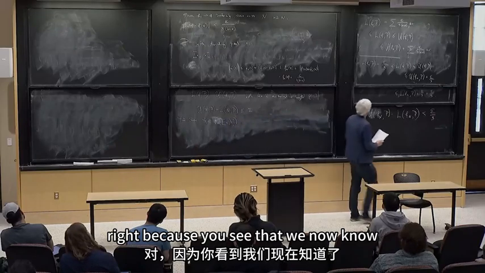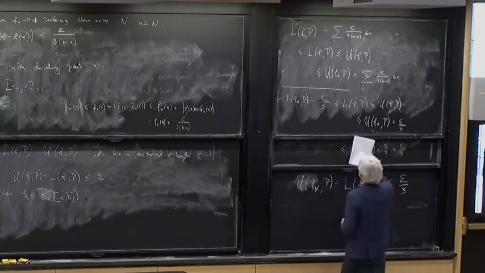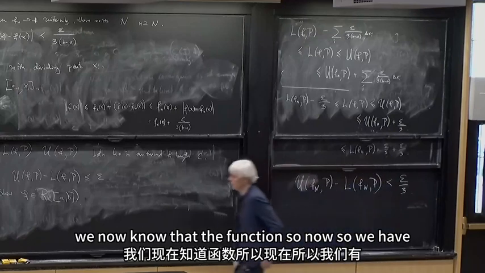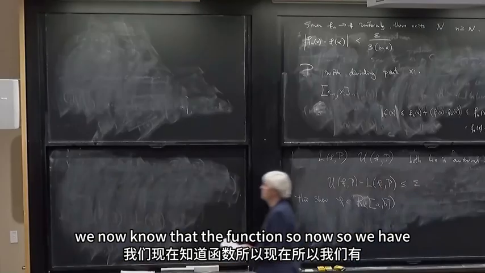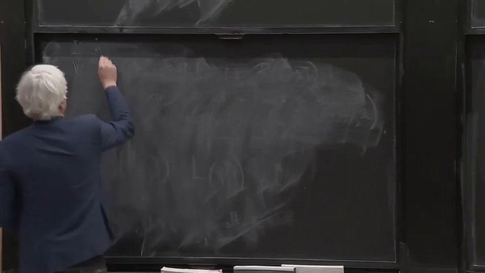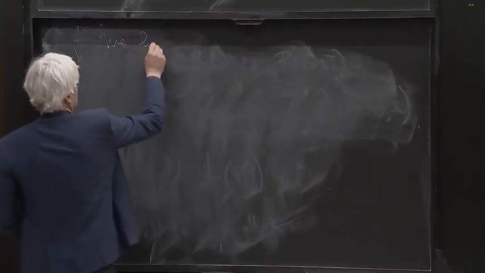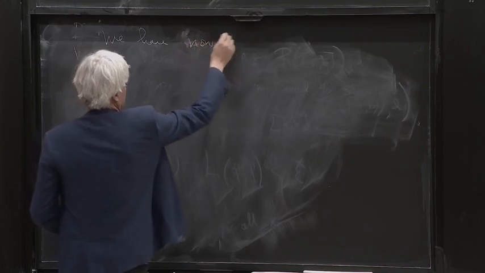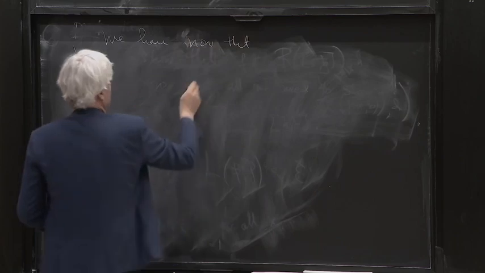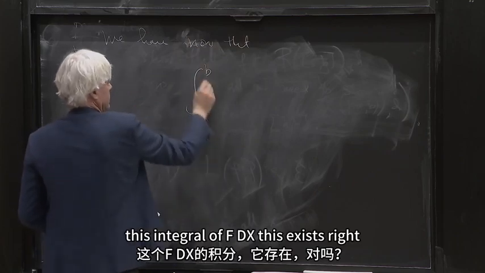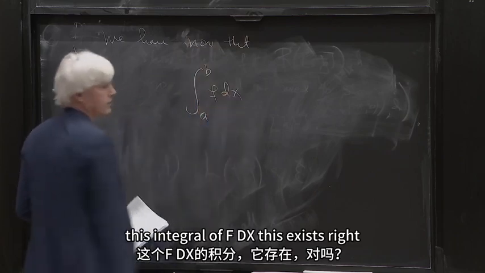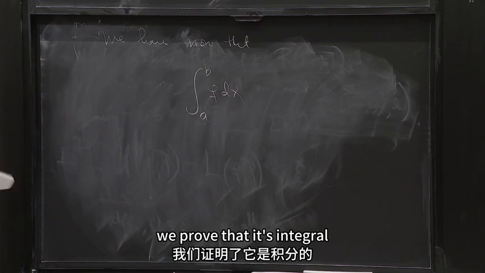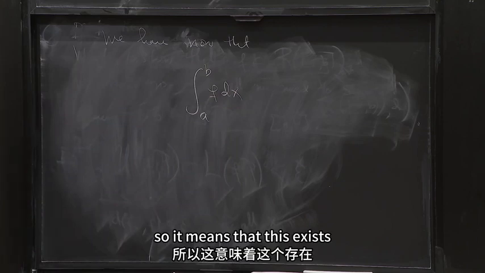Right, because you see that we now know that this integral of f dx exists, right? Because we proved that it's integrable, so it means that this exists.